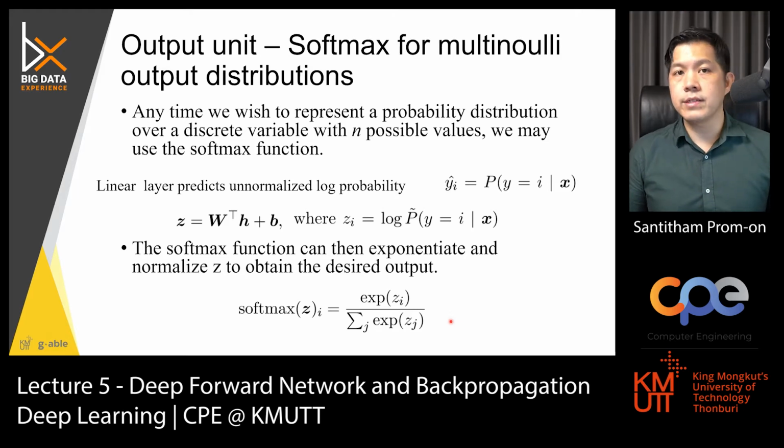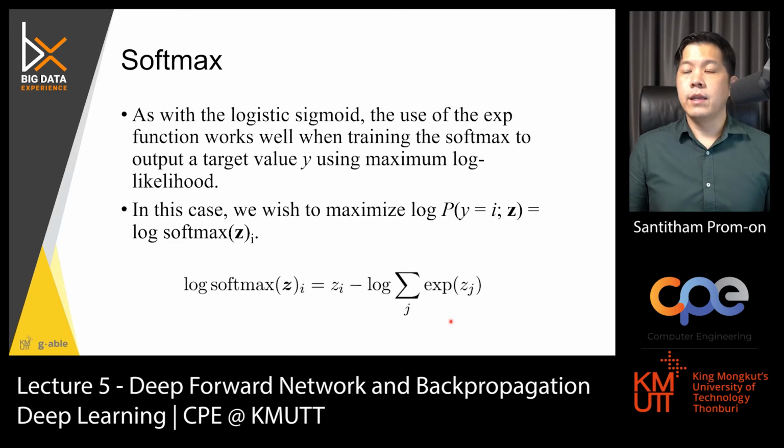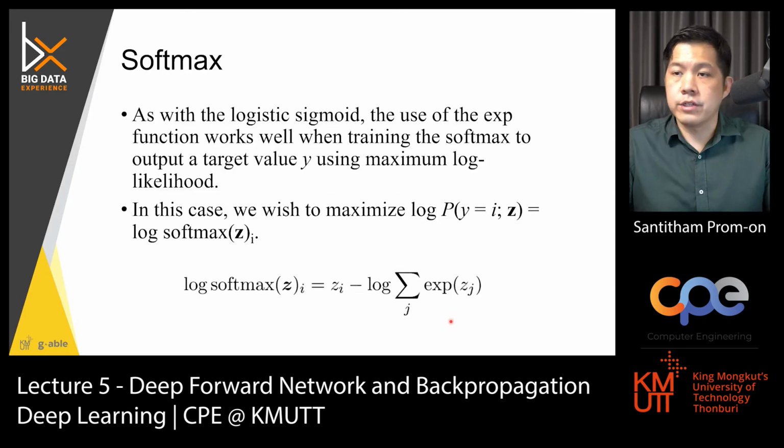So think of this as the probability of each class that you want to predict. This softmax function can then be used as the log loss, as the loss function.